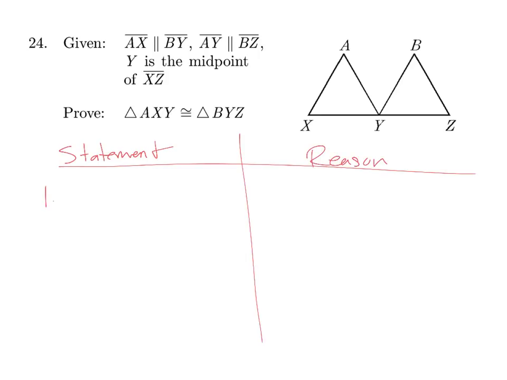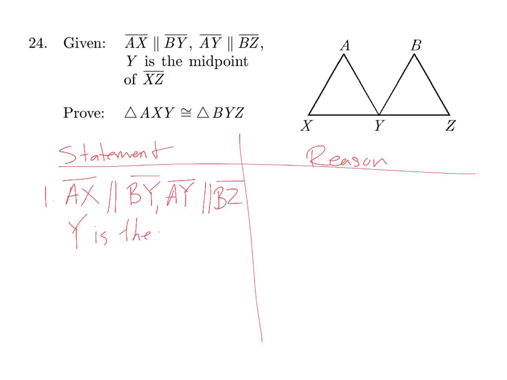For 1, we have AX is parallel to BY, and AY is parallel to BZ, and Y is the midpoint of XZ. That's given. For 2, let's label the diagram first.